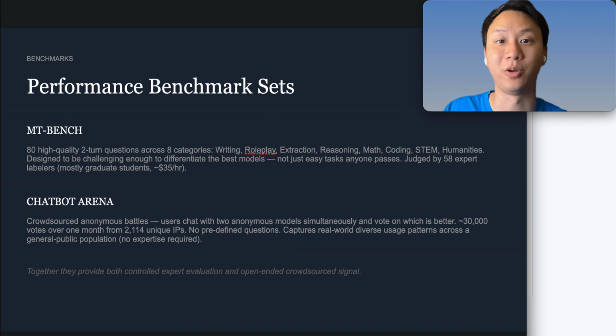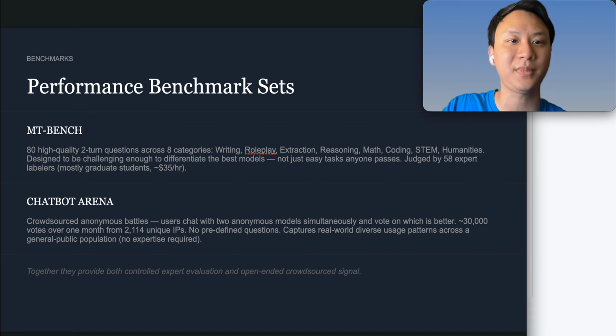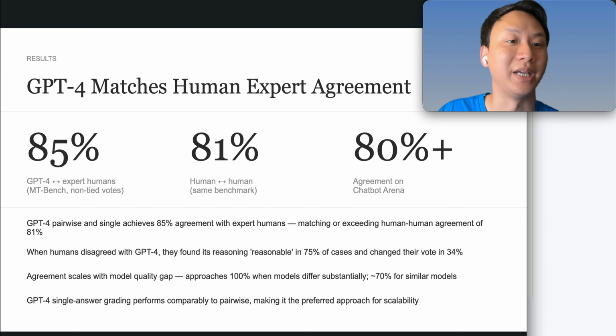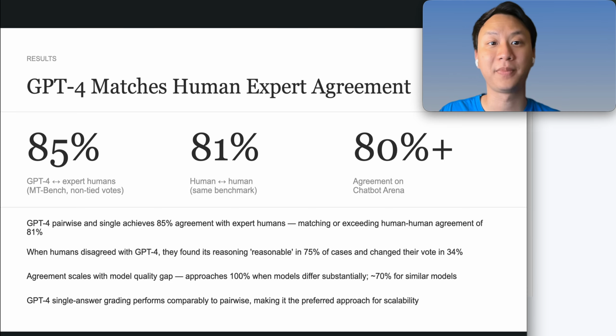I'm going to link below a paper that talks about how well an LLM judge actually performs. In that paper, they use GPT-4 as a judge, and they pit that against human experts.